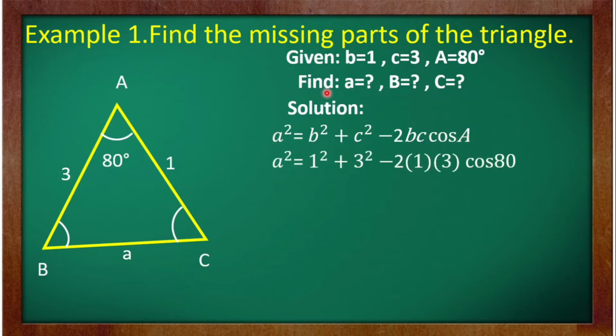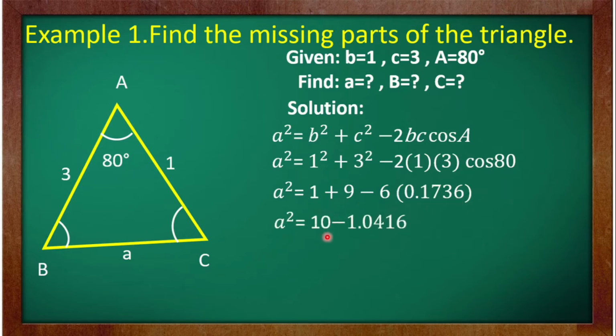Then substitute the values. So a squared is equal to b is 1, so 1 squared, plus c is 3, so 3 squared, minus 2 times 1 times 3 cosine 80 degrees. Then simplifying, so a squared is equal to 1 plus 9, kasi 3 squared is 9, minus 2 times 1 times 3, that is 6. And the value of cosine 80 is 0.1736.